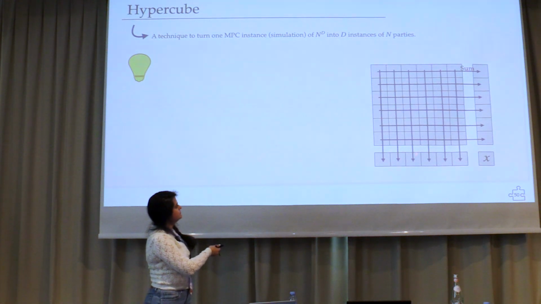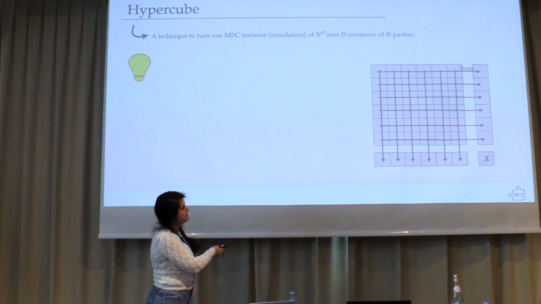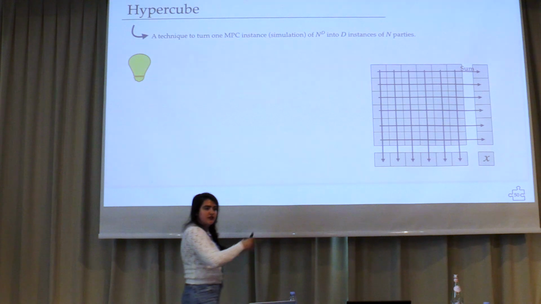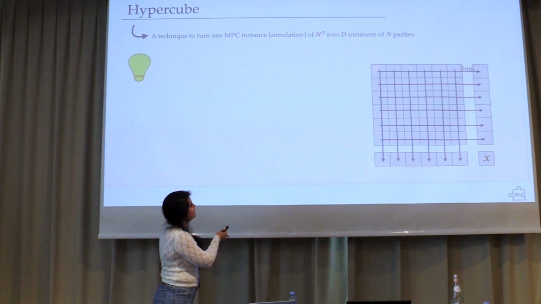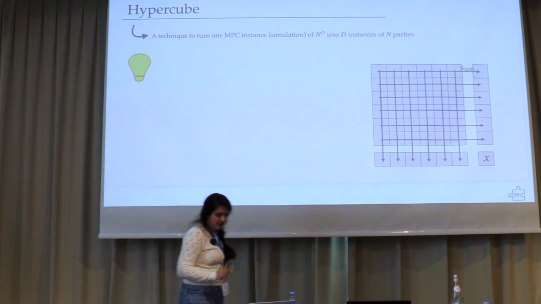So because this was the sum of the first column, the sum of the second column, if you sum all sums of columns, then you get your secret x, okay? So instead of just doing n shares, you rearrange them like this. And instead of keeping track of all of this, one MPC protocol is not going to have all this info in the squares, but it's going to have only this info here.